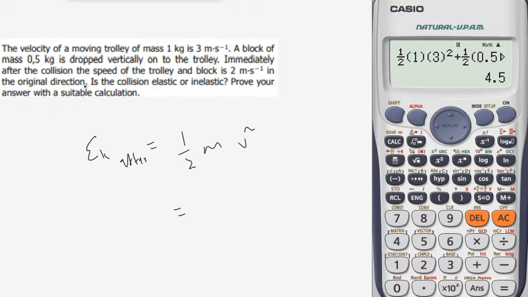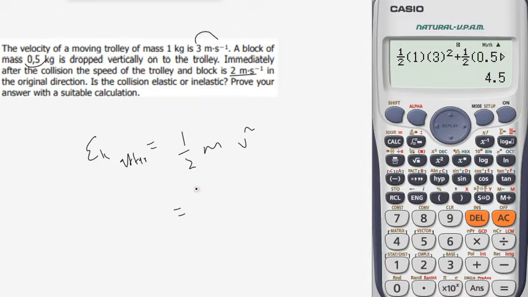Immediately after the collision, the speed of the roller and the block becomes this. So after they've just collided, they have one speed, which is this one. Because here we need one mass, it's going to be the mass of both the roller and the block.